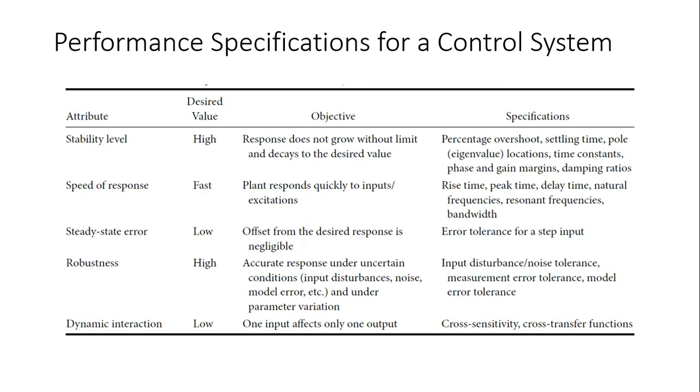The specifications are overshoot, settling time, pole, that is eigenvalue locations, time constants, phase and gain margins, damping ratios. Next comes speed of the response, steady state error, robustness and dynamic interaction. These are all considered as the performance specifications of a control system.